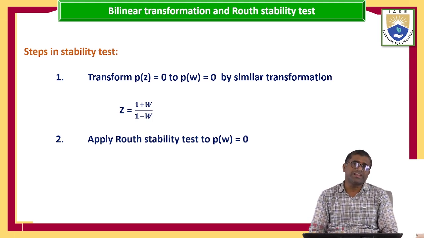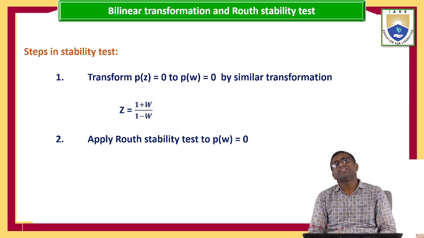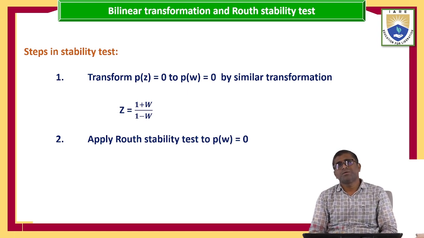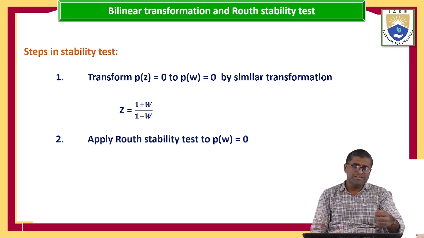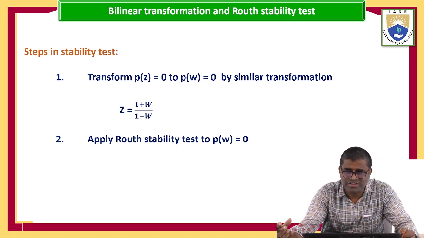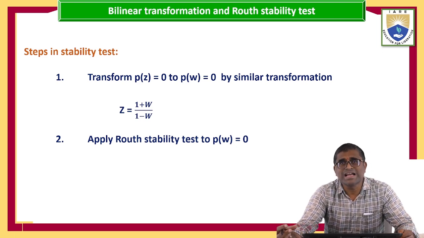The same can be done for the RH criteria in discrete time control system problems. First of all, we replace the Z value with (1 plus omega) by (1 minus omega) in the given characteristic equation.